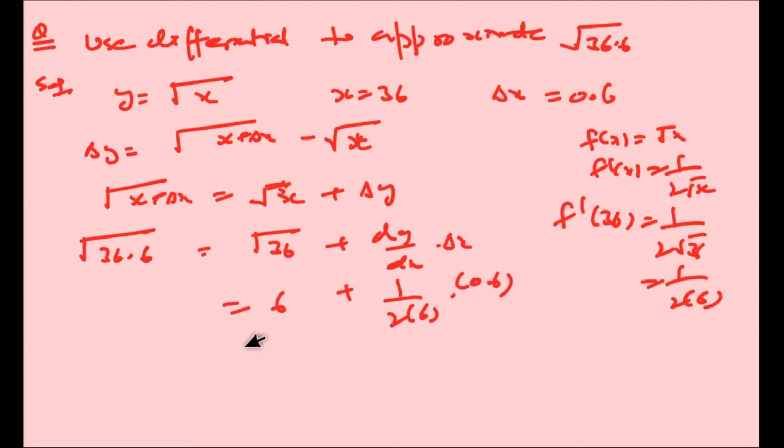So we can solve this in a very easy way: after cancelling out, we get 6 plus 0.05. So your required answer is 6.05.